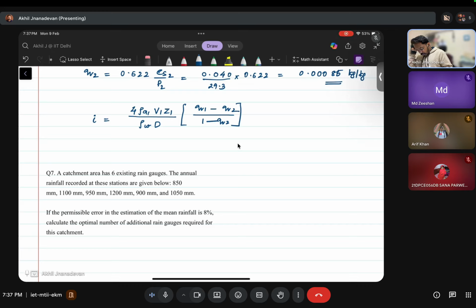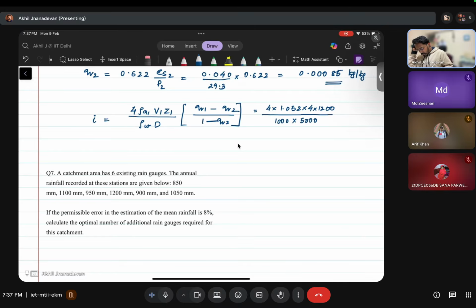In this equation, we know all the terms, we just have to substitute. If we substitute, it will be 4 into 1.052 into 4 into 1200 divided by, these are the constant terms, 1000 into 5.